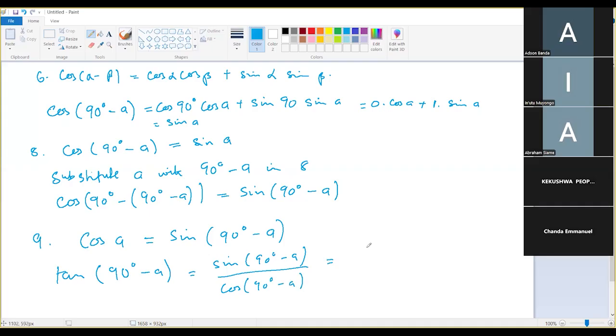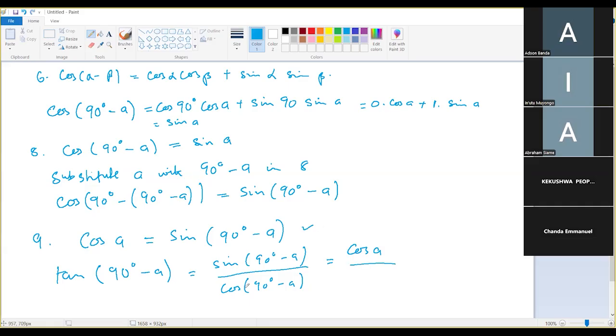So sine of 90 degrees minus A is just cosine of A. So we get the cosine of A, which is what we have here.